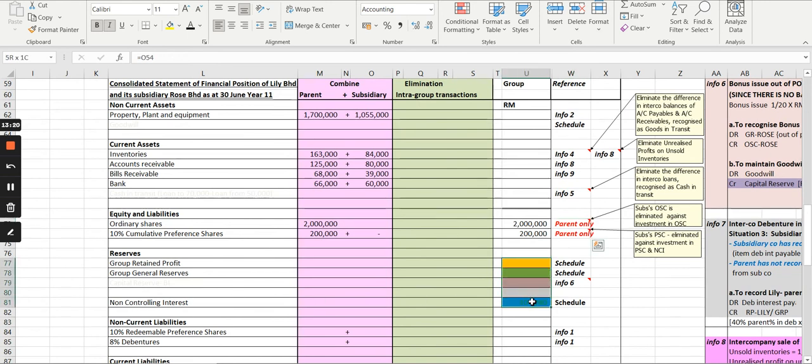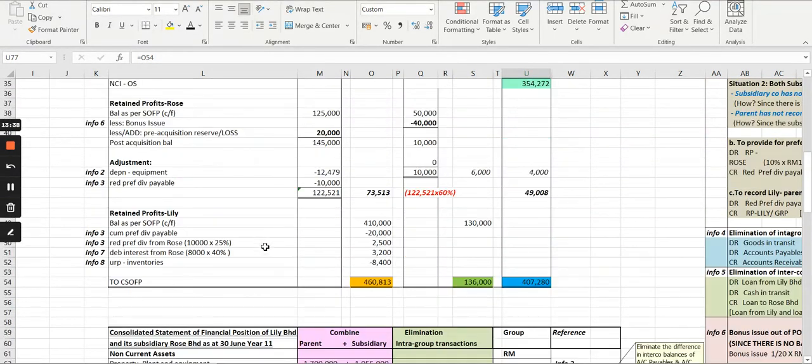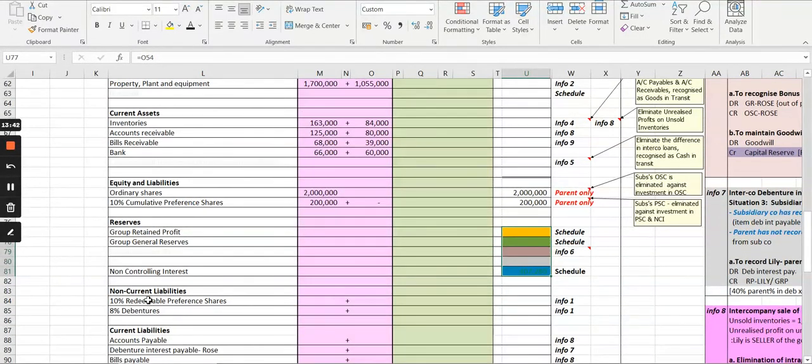Then we have to work out the group retained profit, group general reserve, and non-controlling interest later. So these few things here in this colorful box will be done through our construction of a schedule, which is doing the analysis of the group reserve and the non-controlling interest using this computation schedule. Now, the non-current liabilities will also be done the same.